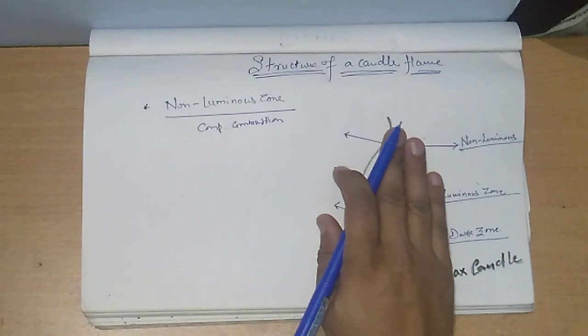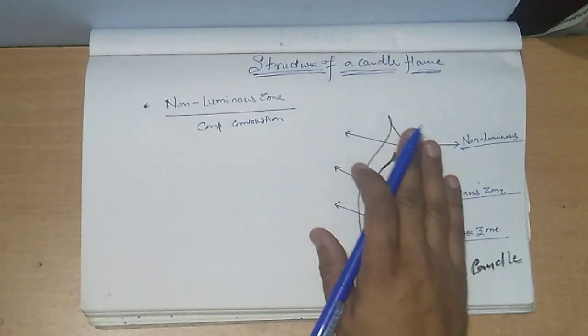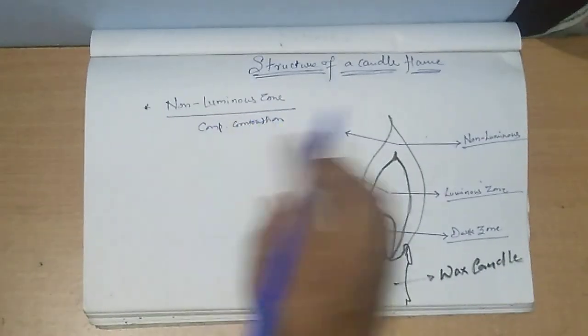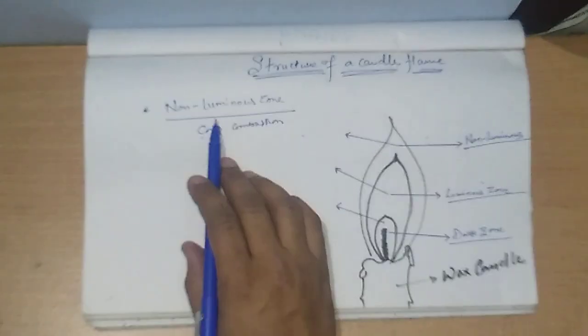That's why it has a sufficient supply of air or oxygen. So this undergoes complete combustion, and thus it is called the non-luminous zone.